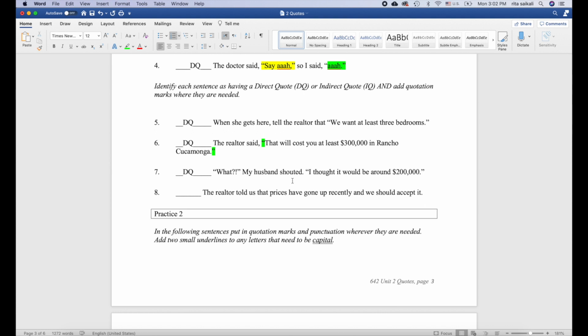Now, in the other video, we said that if we interrupt a quote, then we don't capitalize. Why did we capitalize in this case over here? We capitalized this letter, I. One, because when I is by itself, it's always capital. But really, it could have been anything, because this sentence ended. You see the period here?